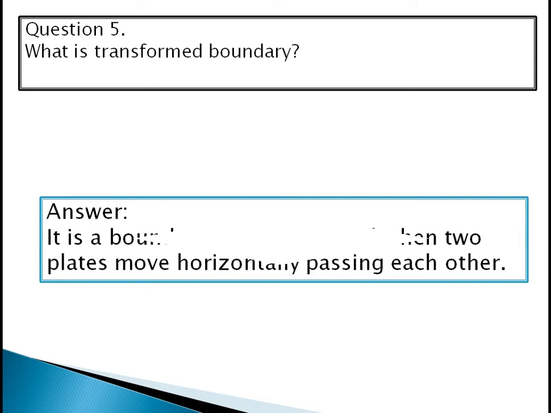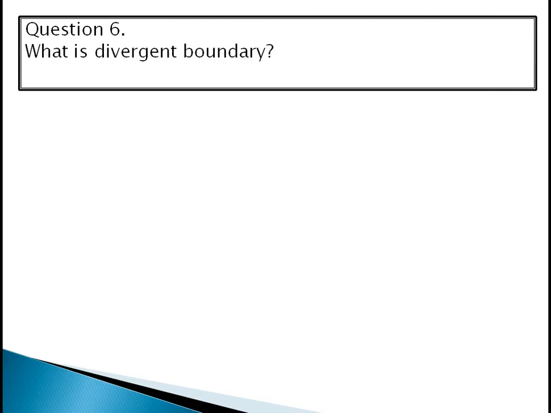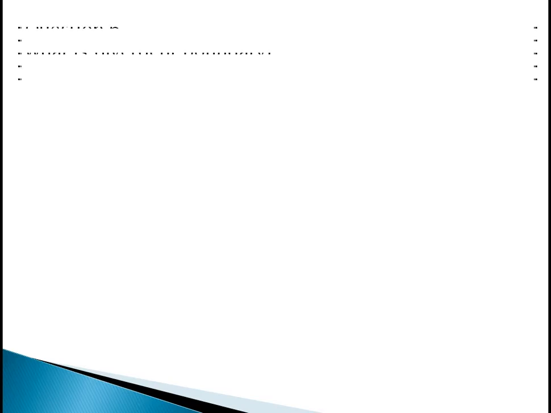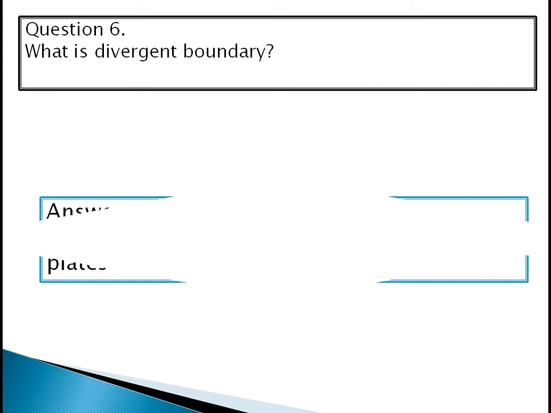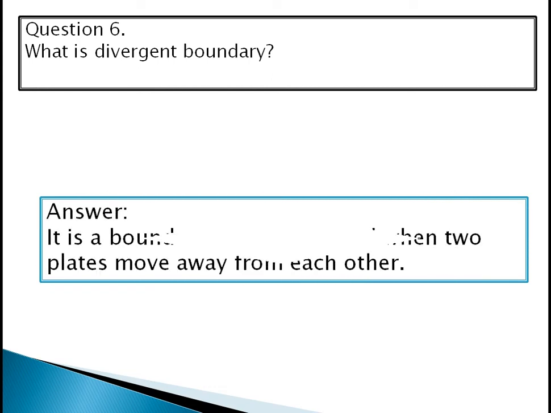So these are the plate movements. They are when two plates move horizontally, passing each other. What is a divergent boundary? It is the boundary which is formed when two plates move away from each other, when they are separating.